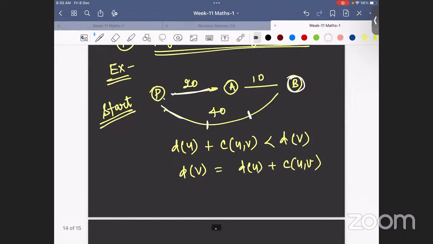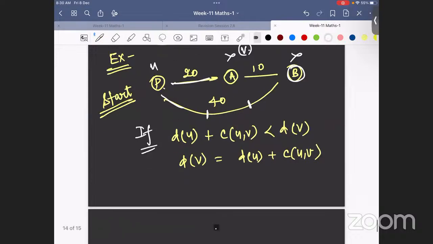You are starting here, but you think of this as infinite, and this also as infinite. This is the only thing you have to check. You can think of this as u and this as v. So what is the cost d of u? You are starting from there itself, so it will be 0.